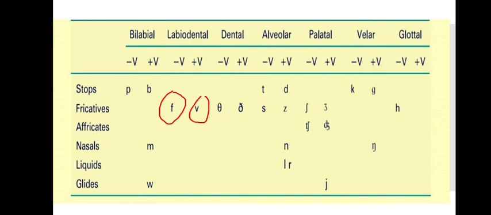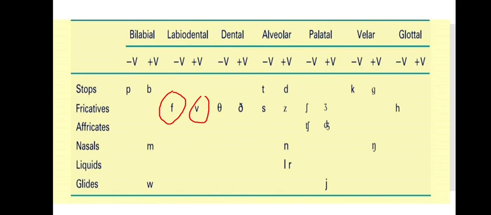Now dental sounds. The back of your upper teeth is involved in the production of these sounds, while the back of the upper teeth is the passive articulator and the tongue is the active articulator here.